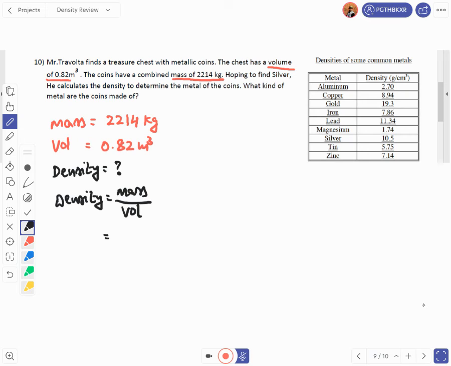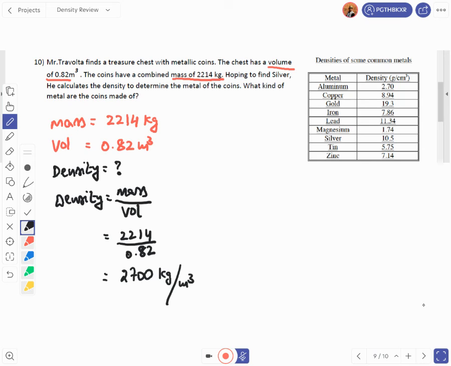Let me plug in these numbers: 2214 over 0.82. 2214 divided by 0.82 is 2700. So 2700, and the units are kilograms per cubic meter.